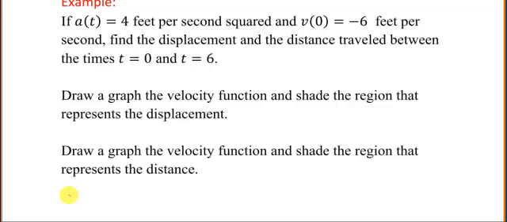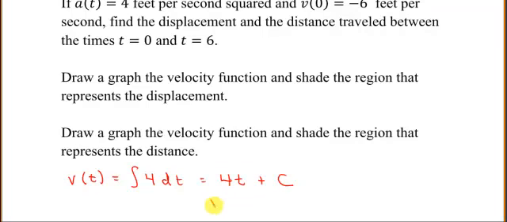So v is going to be the antiderivative of a, or the antiderivative of 4, which is equal to 4t plus c. And we know that v of 0 is equal to negative 6.